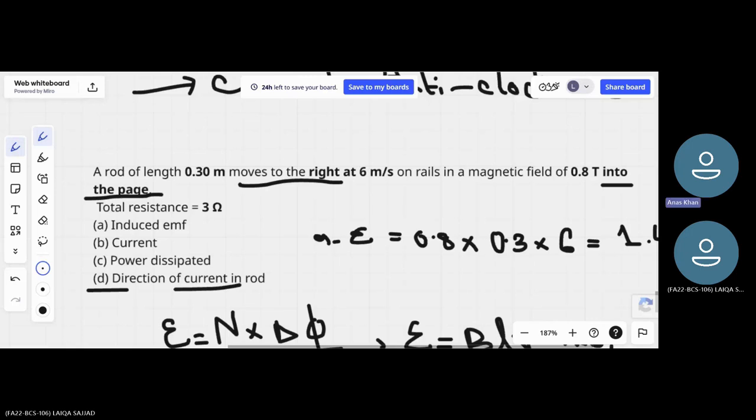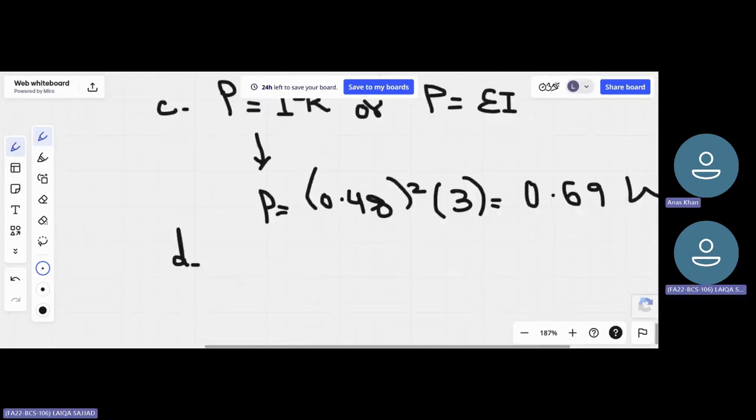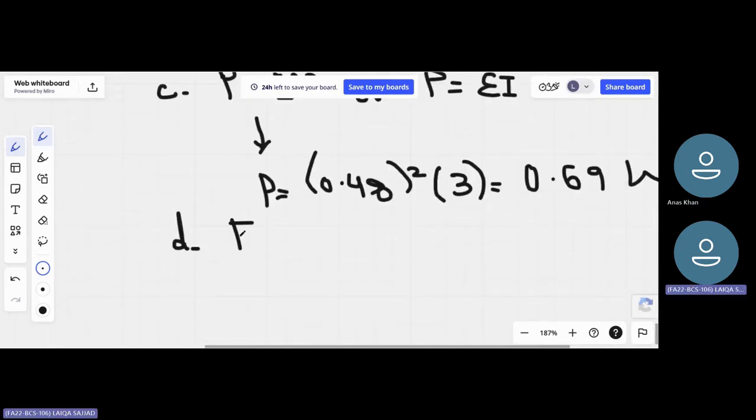Fleming's right hand rule. Yes, very good. We will use Fleming's right hand rule in this question.